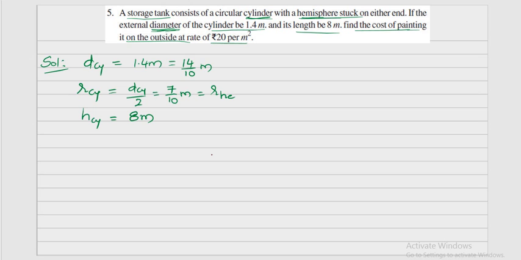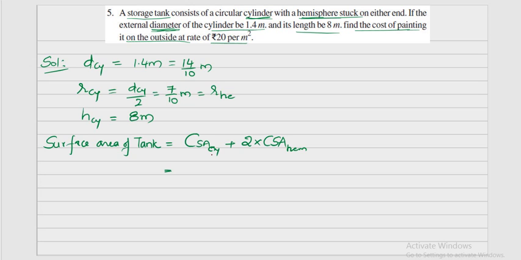Now to paint, first of all we need to find out the surface area of the solid. So the surface area of that particular tank I need to find out. Surface area of tank is given by CSA of cylinder plus, since we have two hemispheres, both the hemispheres will be congruent, so 2 times CSA of hemisphere.